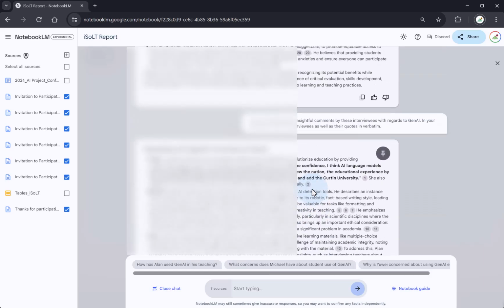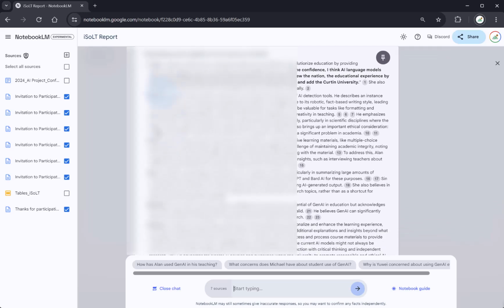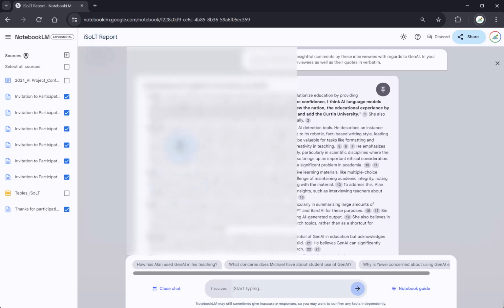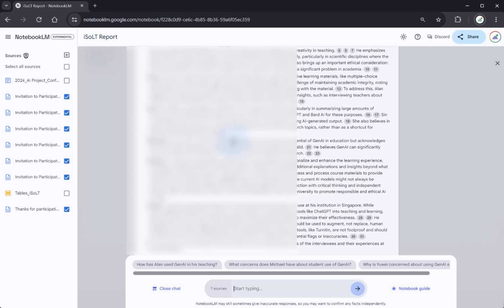Here, these are arranged by the authors' names. Okay, so far so good.